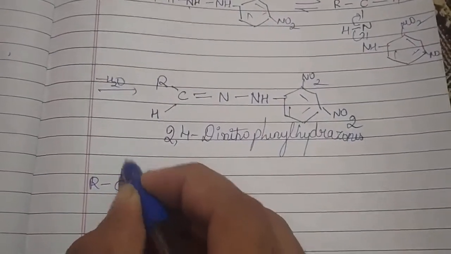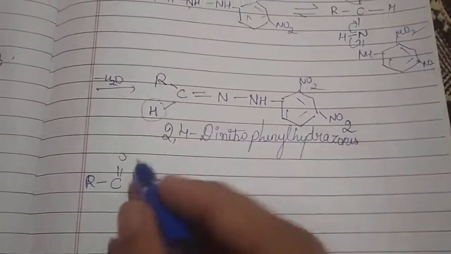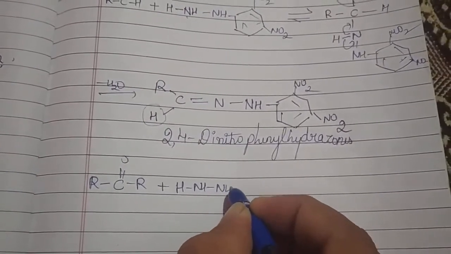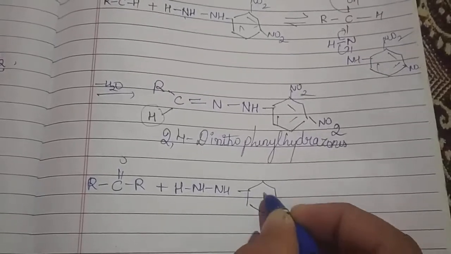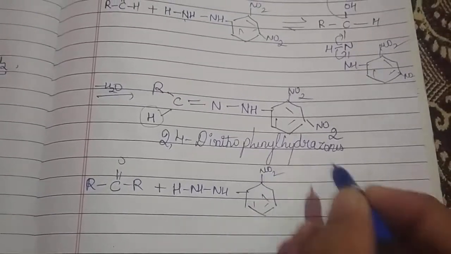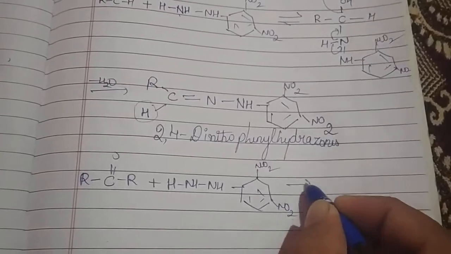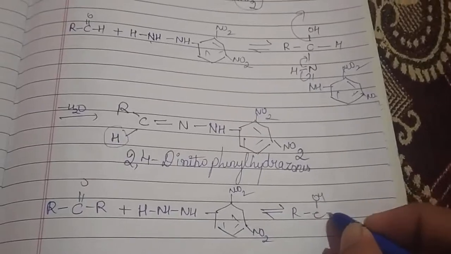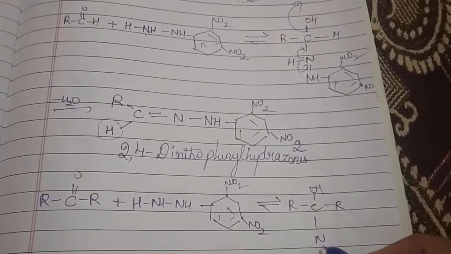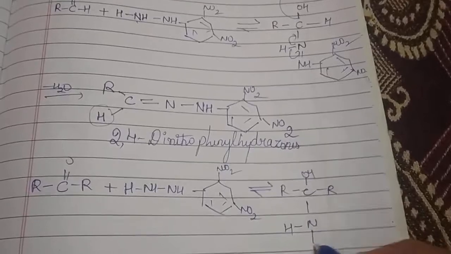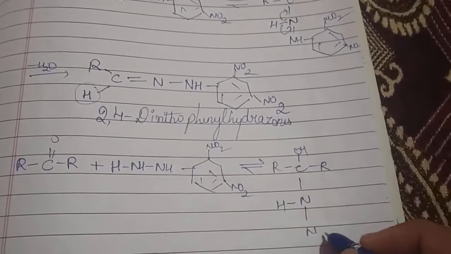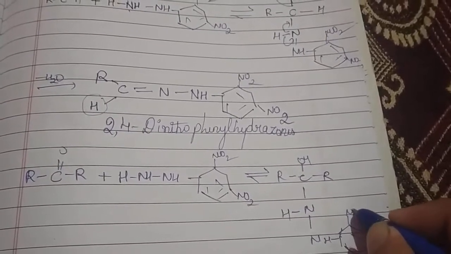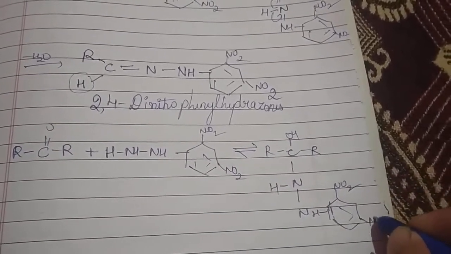Nothing much changes, just in the presence of this H we will be having one more R group. So just write H2N, single bond NH, here is your NO2 and here is your NO2. First they will be in equilibrium. So first part you just write as RCOH and a R. So here you'll be getting NH, so here of course now NH, the phenyl ring with two positions at NO2 and NO2.